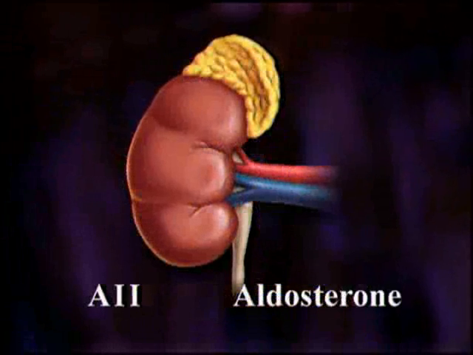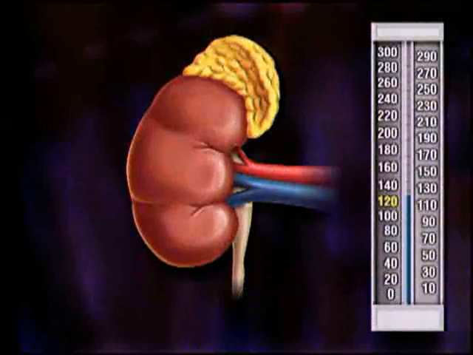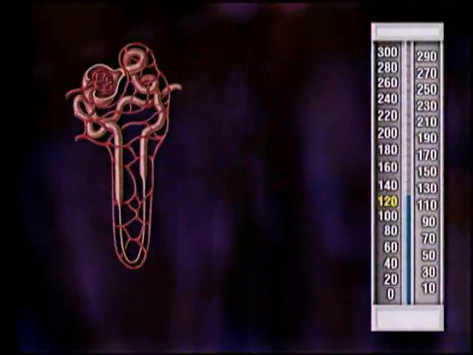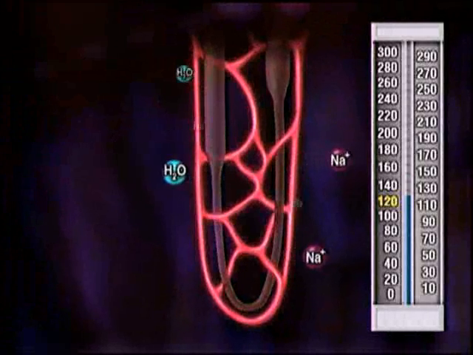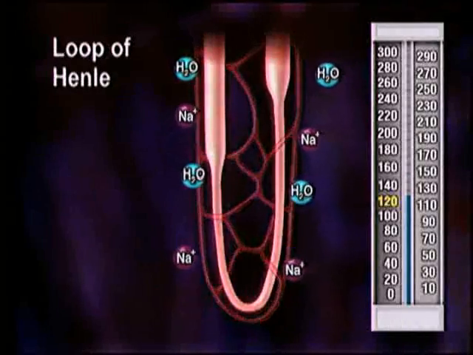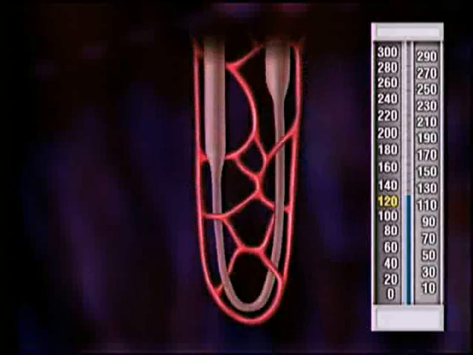Then angiotensin II triggers the release of aldosterone. In the kidneys, angiotensin II and aldosterone prevent sodium and water from entering the loop of Henle, which increases sodium and water reabsorption into the bloodstream. This raises blood volume and the blood pressure.